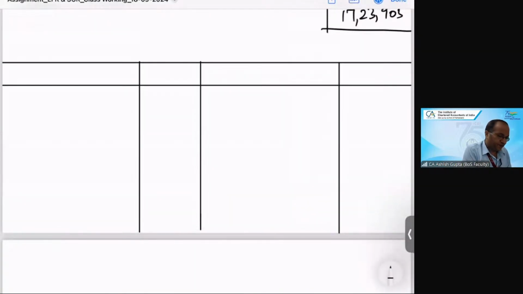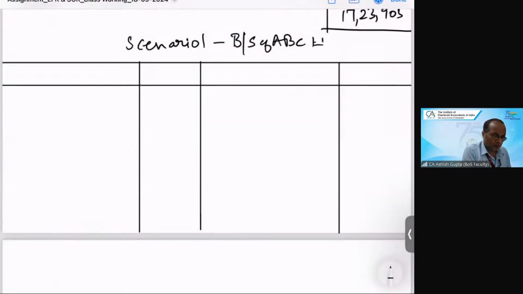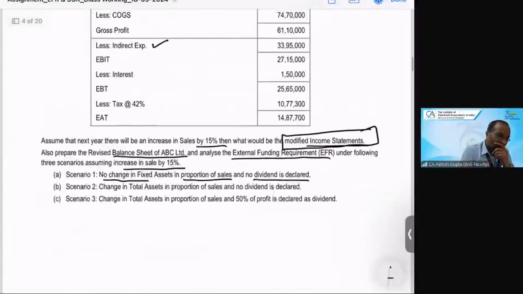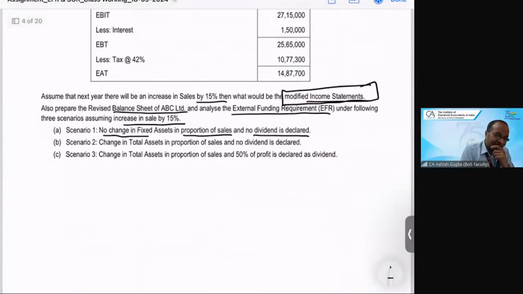Here it comes, scenario one. Okay, here it says: no change in fixed assets in proportion to sales and no dividend is declared. So let us see what will be the position.